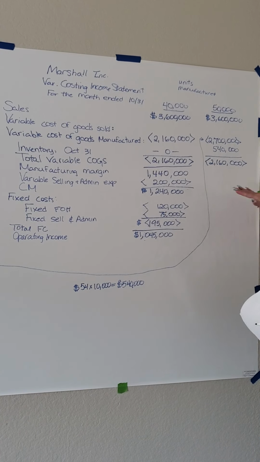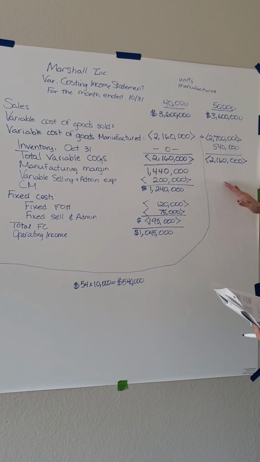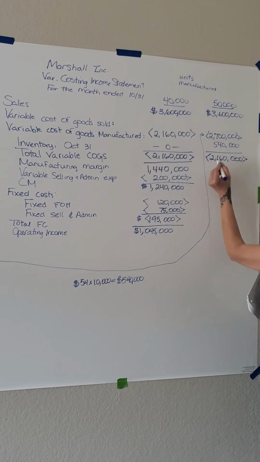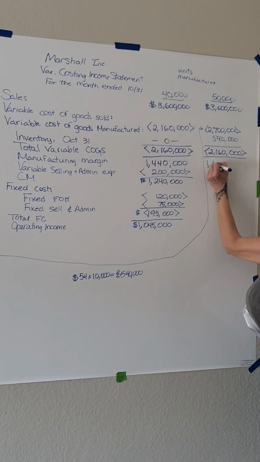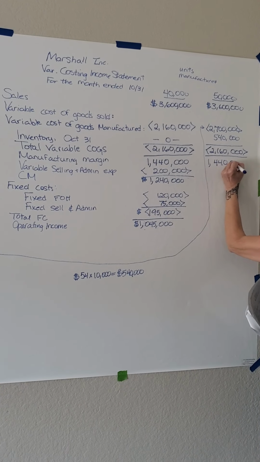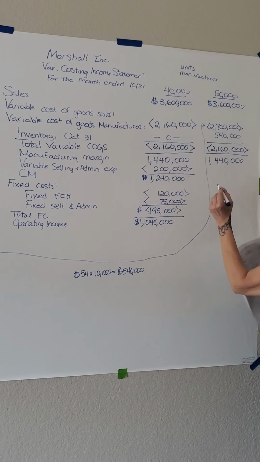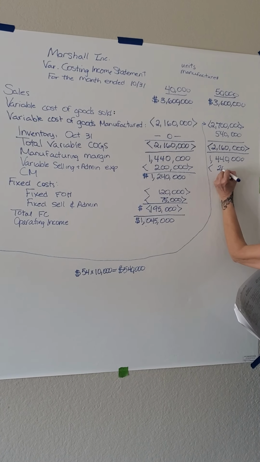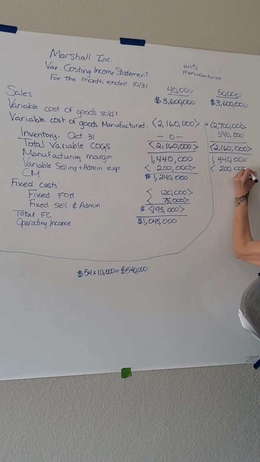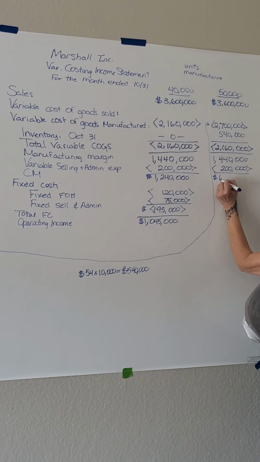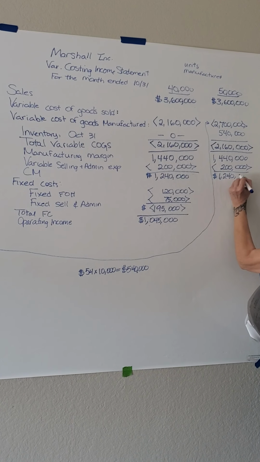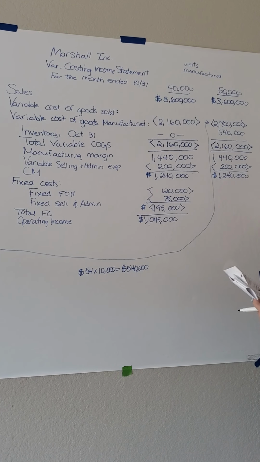You're going to see that didn't change, right? Because of what we sold, we're just looking at variable. We can calculate out our manufacturing margin, which is still going to be $1,440,000. We're going to subtract those variable selling and administrative costs of $200,000. We only sold 40,000 units, so those aren't going to change at all. So that's going to give us a contribution margin of $1,240,000.